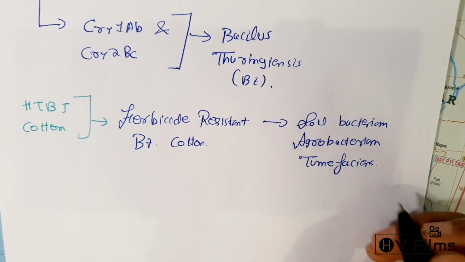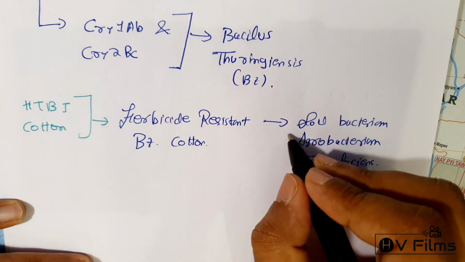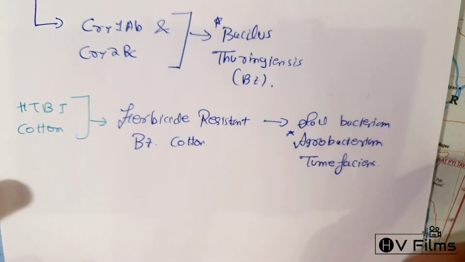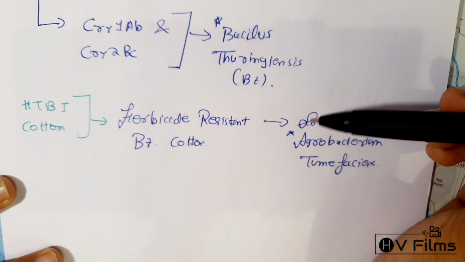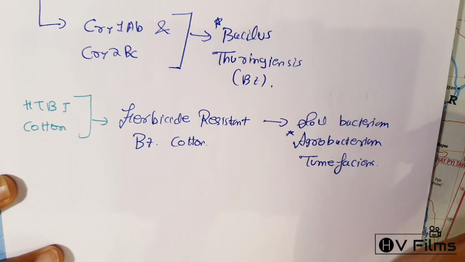This is the name of the bacteria that you can remember, maybe sometimes they can ask. So for BT it is Bacillus thuringiensis, and for HTBT it is Agrobacterium tumefaciens. They have used it to make it herbicide resistant. This produces a modified protein which makes it herbicide resistant.